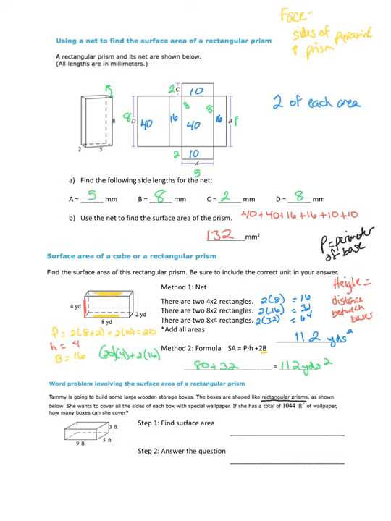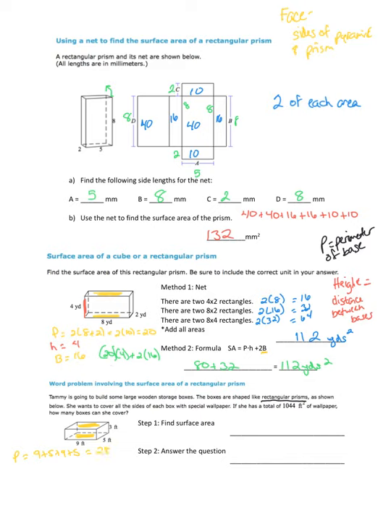We have our dimensions. I am going to choose, let's go back to colors, I'm going to choose these as my bases. It's a rectangular prism. I need to identify my bases. Now let's do some stuff. P equals 9 plus 5 plus 9 plus 5, right? 18, 28, equals 28.